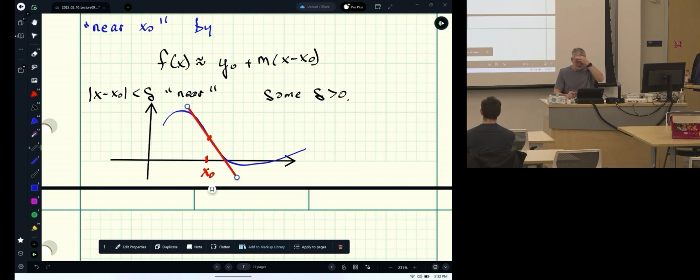Go through the line. There we go. So there's our local linear approximation.